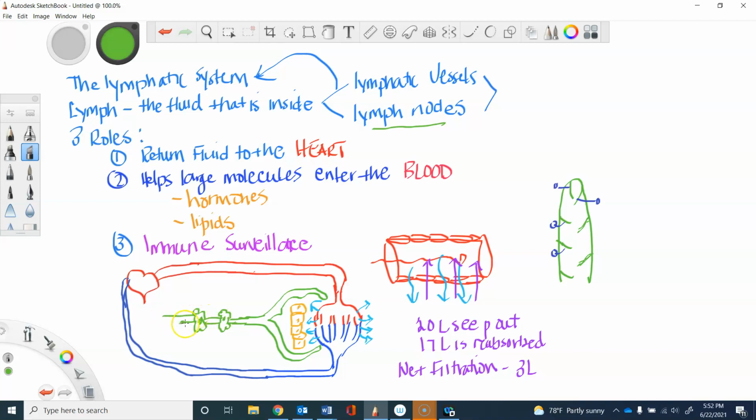So eventually it pumps up and comes in here and then dumps into the circulatory system. So there's two main ducts that this stuff gets pumped into. One of them is the right lymphatic duct, and it will dump into the right subclavian artery.